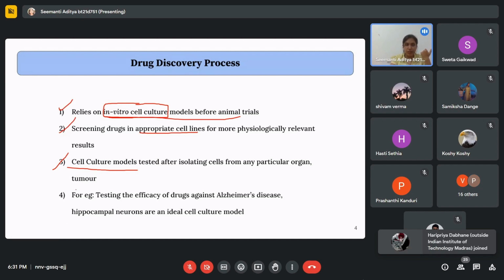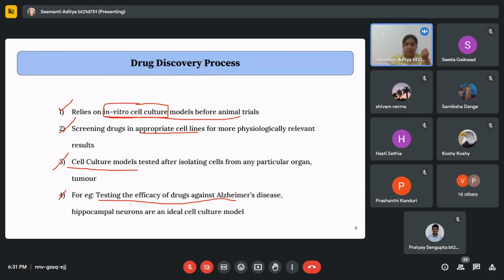Now let's take an example as was taught in the lectures. If we are testing the efficacy of drugs against Alzheimer's disease, then what are the different requirements? What cells are we supposed to use? What medium are we supposed to use?